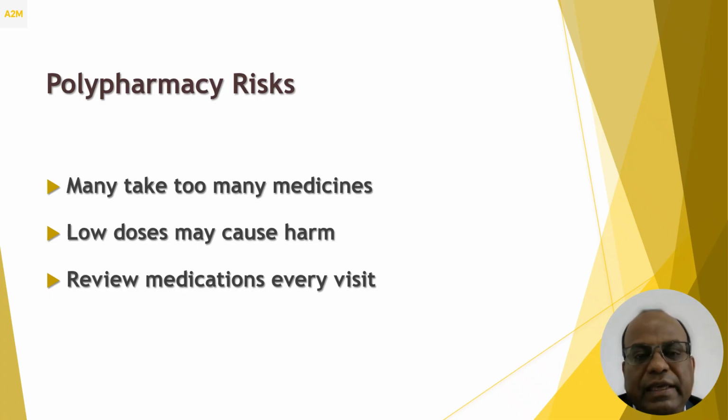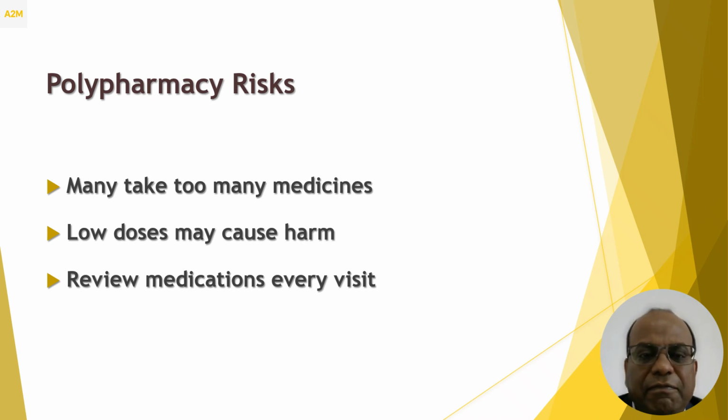So we must be careful with certain drug groups like sleeping pills, sedatives, anticholinergic drugs, strong pain medicines, and blood pressure medicines. These can cause confusion, falls, and weakness, and many other issues.